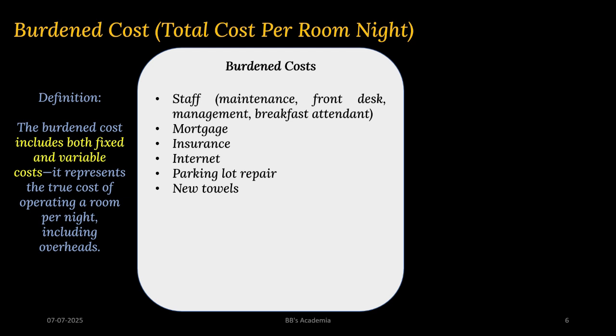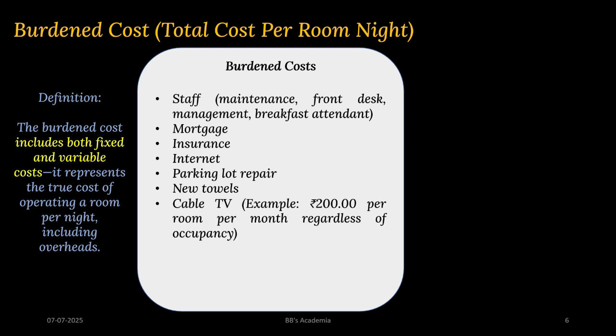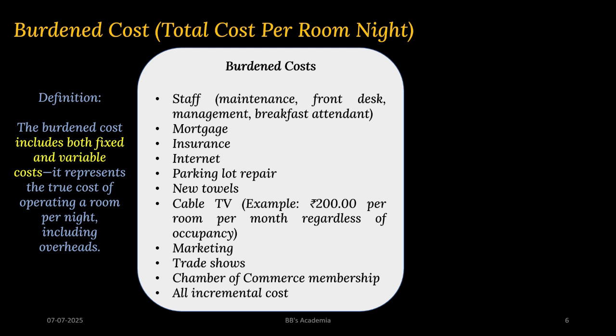New towels placed in the room, cable TV, for example 200 rupees per room per month, regardless of your occupancy, whether that room is sold or not, you have to pay this. Marketing for selling that room, trade shows you conduct for promotion of sales, Chamber of Commerce membership that you have to pay. These are all fixed costs, and all incremental cost is a variable cost. So all these things together will give you the burden cost.